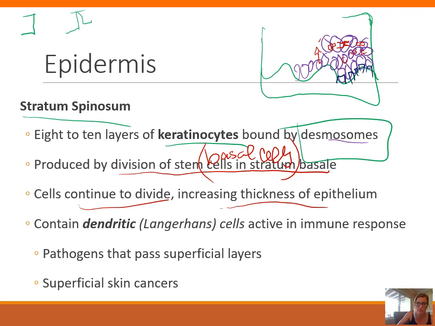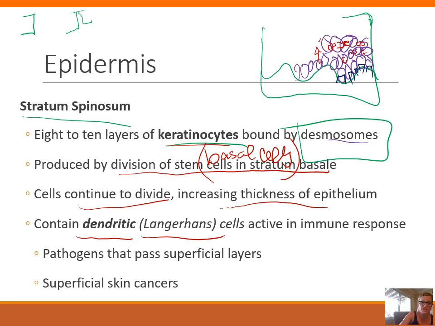In the stratum spinosum, it's mostly keratinocytes, but we do have another type of cell that we see going through the stratum spinosum, and this is called the dendritic cell, or also called Langerhans cells. Dendritic cells are cells that are part of the immune system, so they help to defend our body against infection.